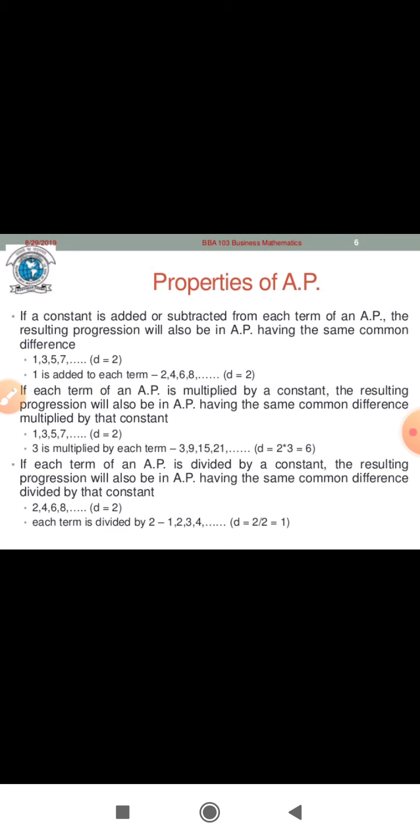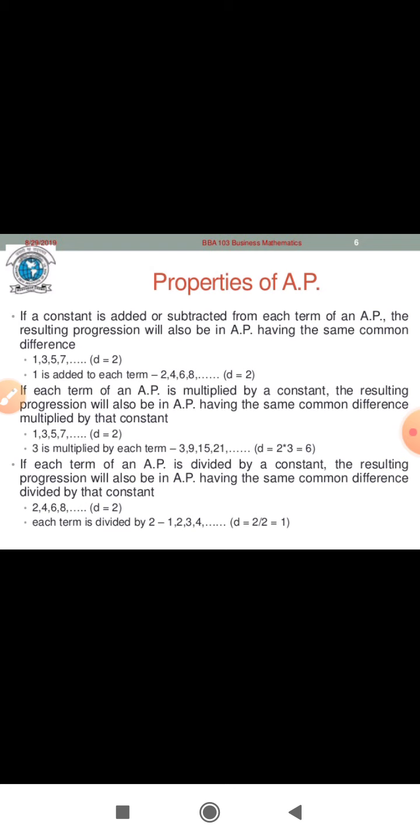Properties of arithmetic progression: if a constant is added to or subtracted from each term of an AP, the resulting progression will also be in AP having the same common difference. 1, 3, 5 and so on, D is equal to 2.